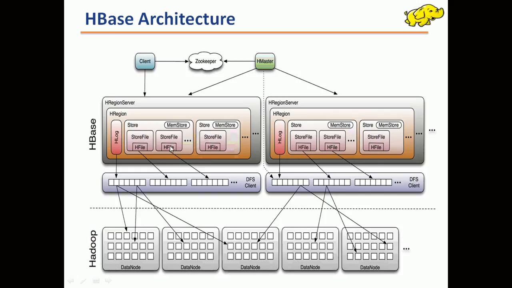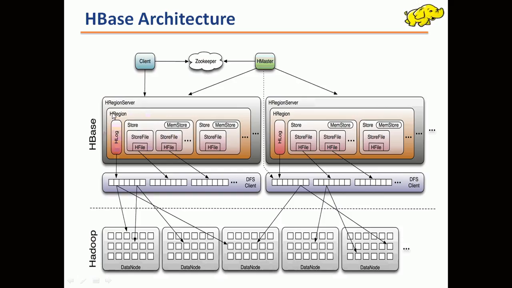Inside the store you have two main things. One is the MemStore, which is an in-memory buffer. Whenever a client writes or inserts data, it will first be written into the write ahead log, or you can say the HLog.